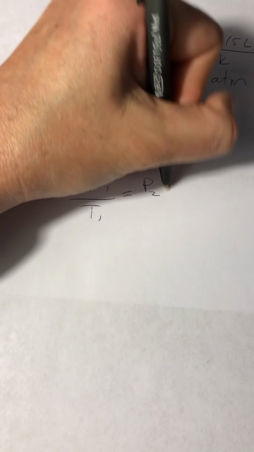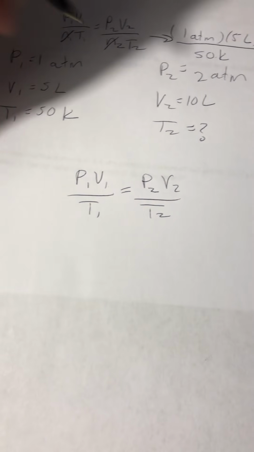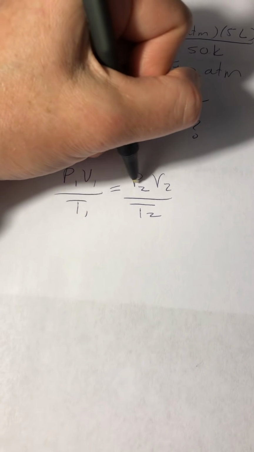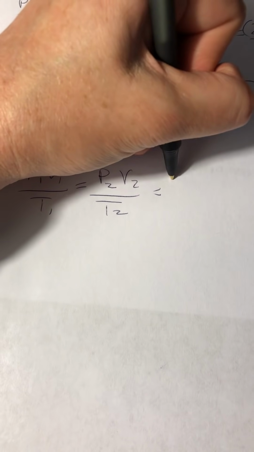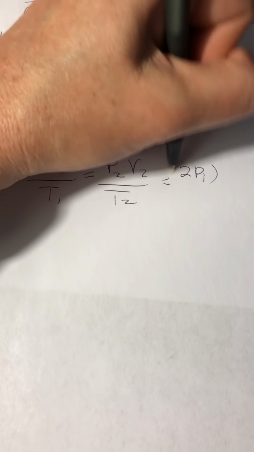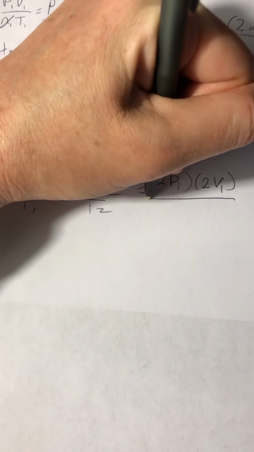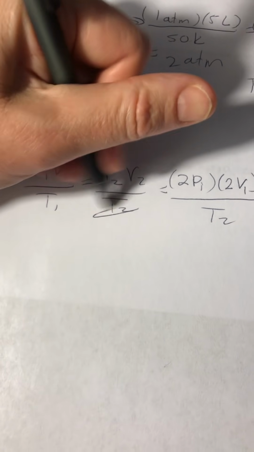Another way to think about it is this. P1V1 over T1 equals P2V2 over T2. Well, our P2, excuse me, is equal to 2 times P1, and our V2 is equal to 2 times V1, and we're going to solve for a new T2, so let's go ahead and ignore this and just set these two equations equal to each other.